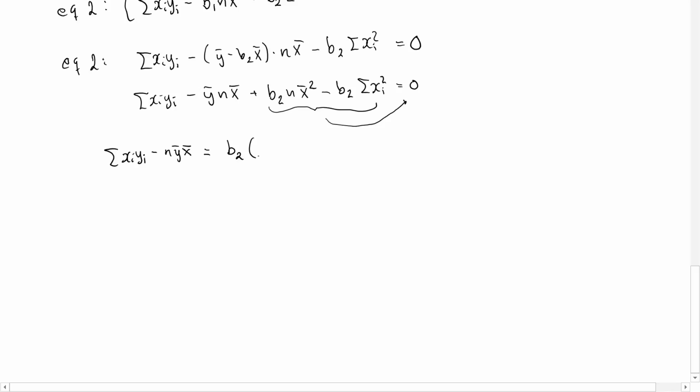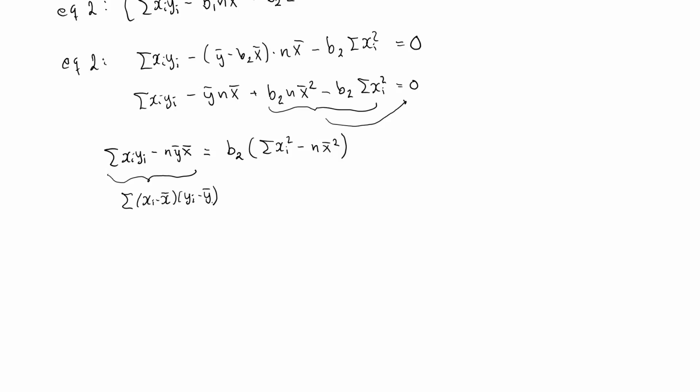So I can take out b2 from both terms, so it's summation xi squared minus n x bar squared. You can convince yourself quite easily that this is the same thing as xi minus x bar, yi minus y bar. You get this result simply by multiplying out the parentheses in the lower expression. Similarly, you can quite easily check that this is the same thing as xi minus x bar squared.